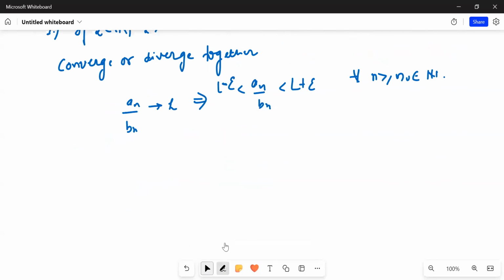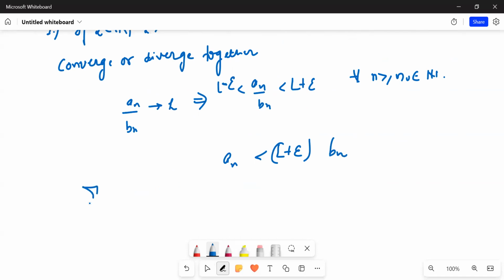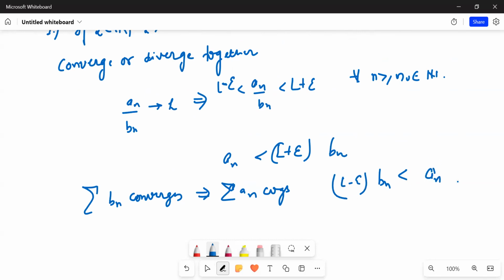Now, since I know that an is less than L plus epsilon bn, then if summation bn converges, it implies summation an converges. Also, if summation an converges, then summation bn converges. This can also be seen from comparison test.